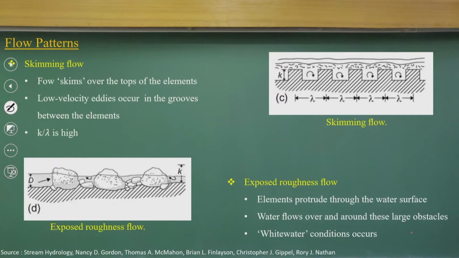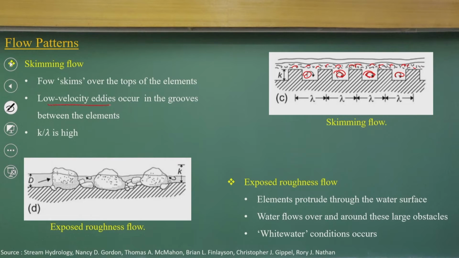Now, if you look at the next part, if you decrease lambda further, the flow will be like skimming flow. That means you will have zones where the flow does not have many eddy formations, but they can go off. The flow structures are not going to affect the eddy structures much.